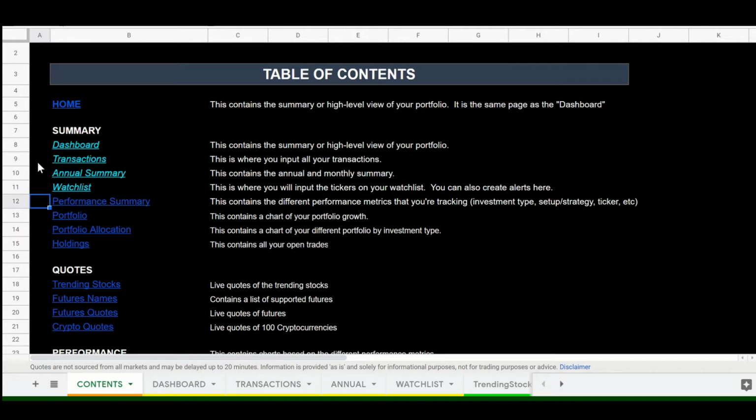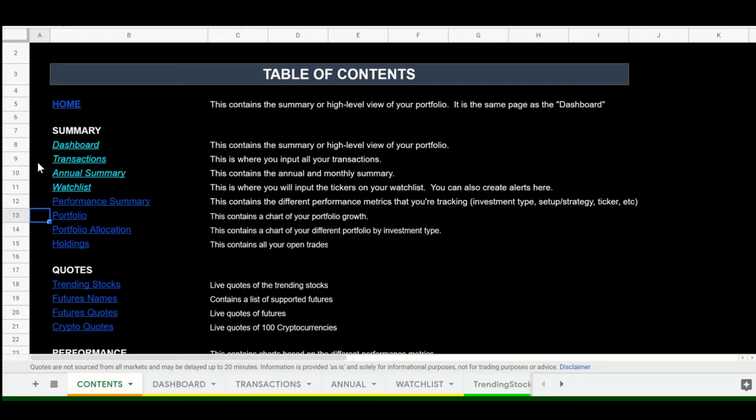What your performance summary is. This contains all the metrics that you track in one sheet. You will see what's working, what's not working, what time is best for you in terms of trading. This would show that in one page.